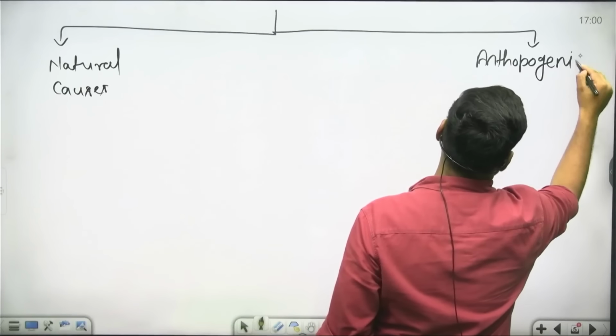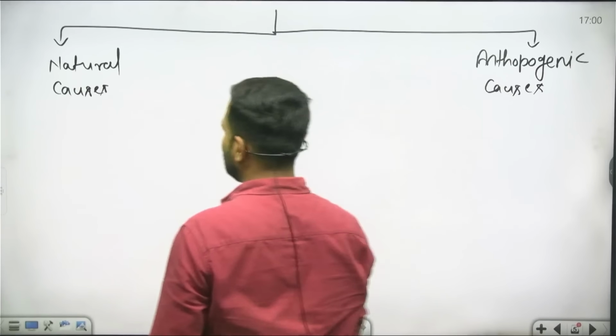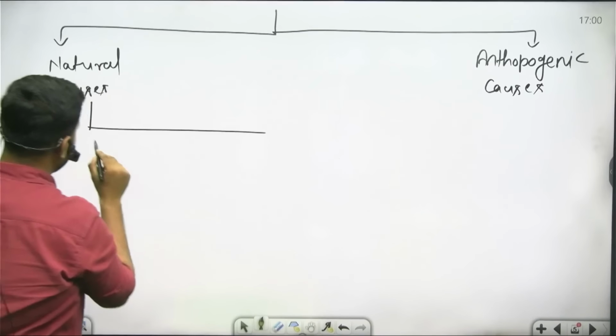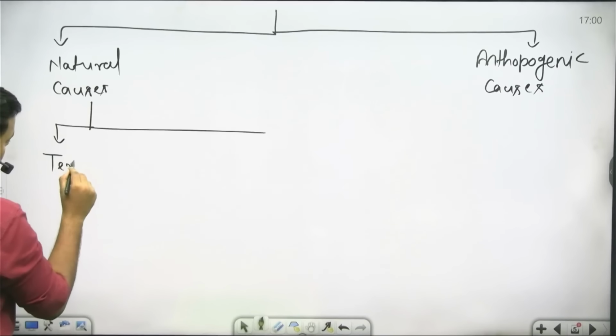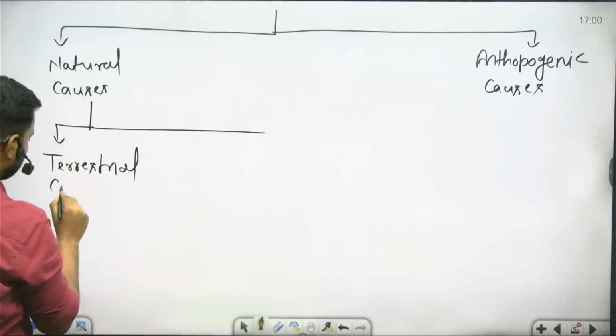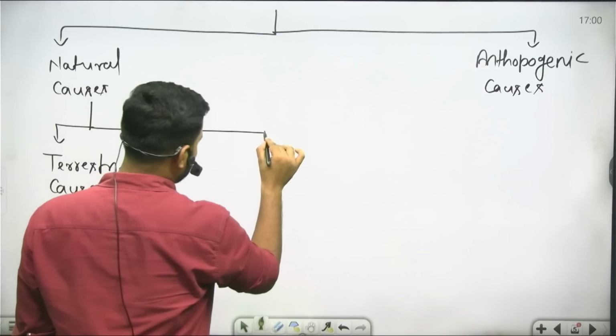Anthropogenic causes and the natural causes. Natural causes are further divided into two parts. One is the terrestrial causes, and the second one is the extraterrestrial causes.